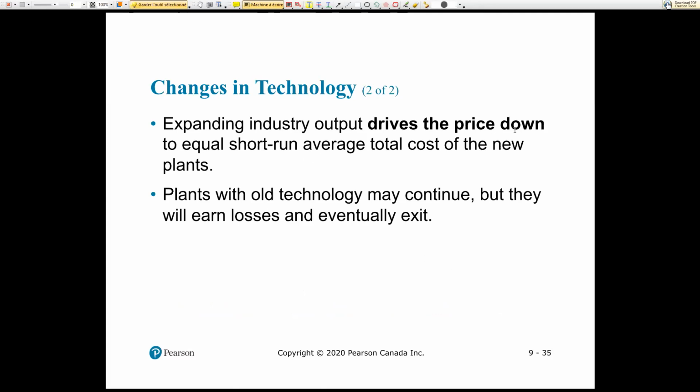Again, it drives the price down. Old technology may continue, but they will lose money, and eventually exit the market.